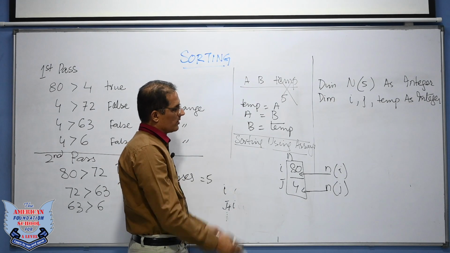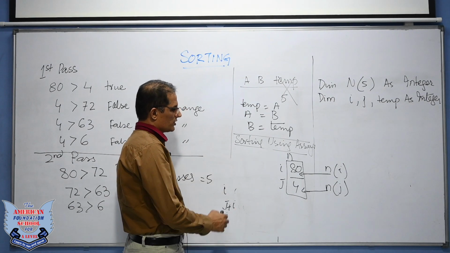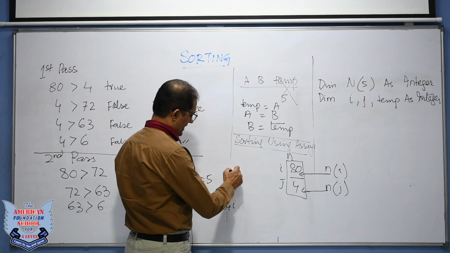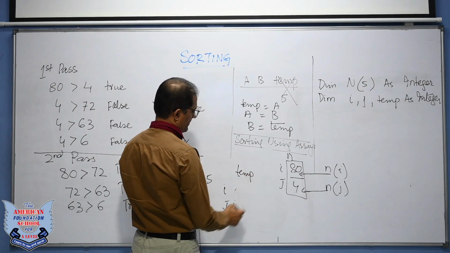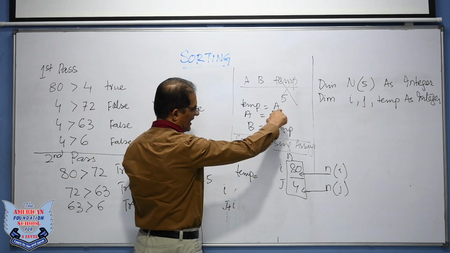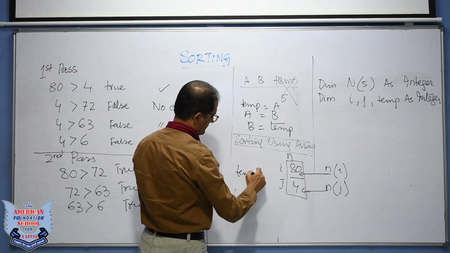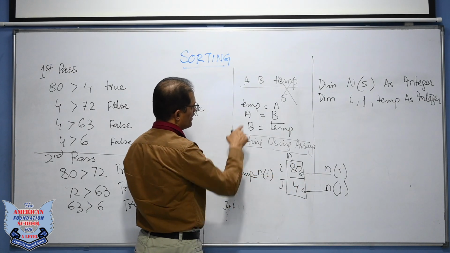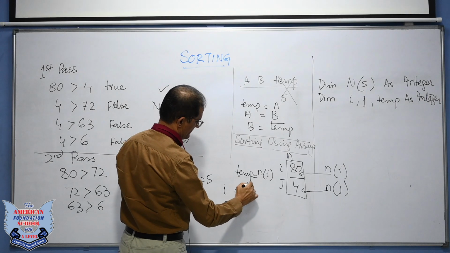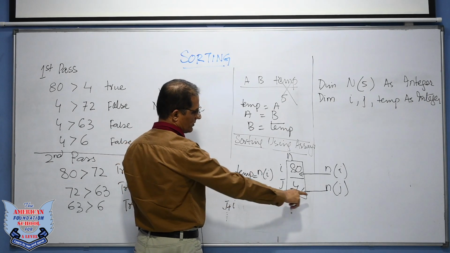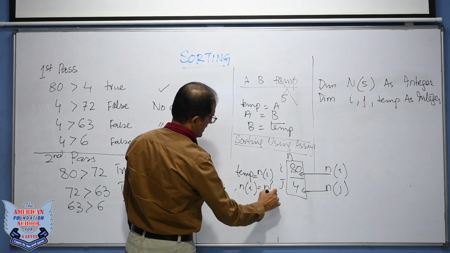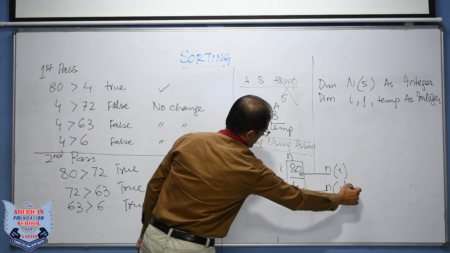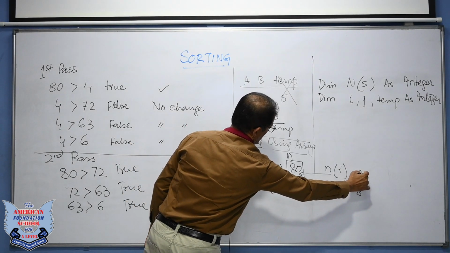And we have to make a program for the swapping. So in that case, what will you do? Again, we'll write temp. In place of a, you can write n of I. So n of I equals n of j, that's b. So this is equivalent to b, and you can say this is equivalent to a.